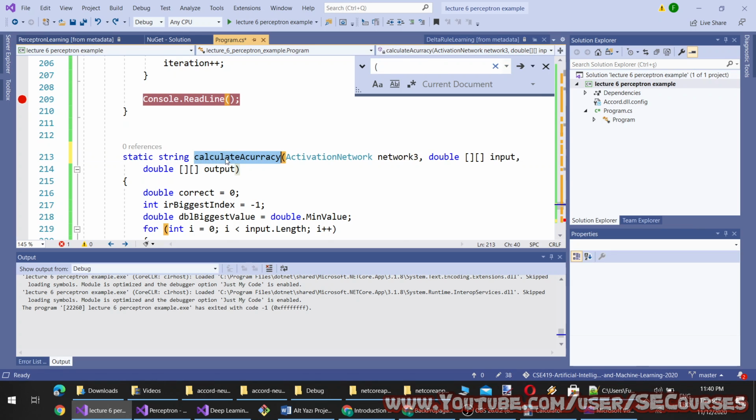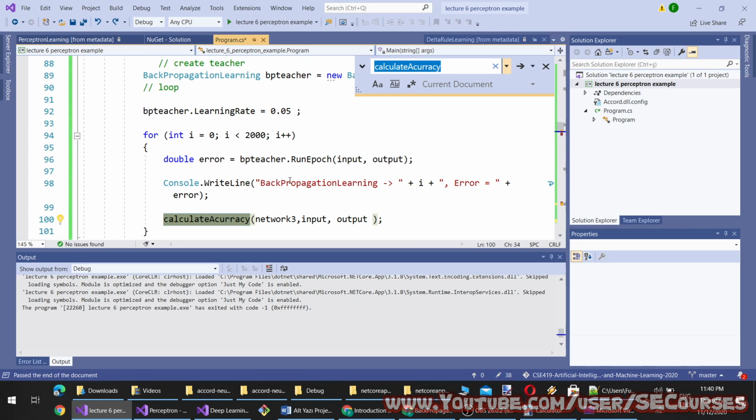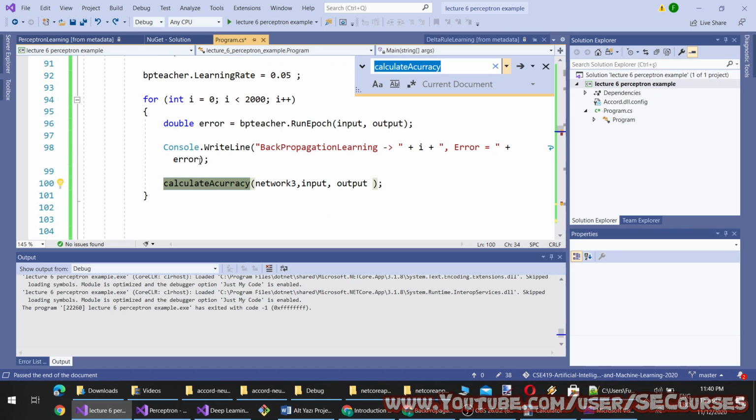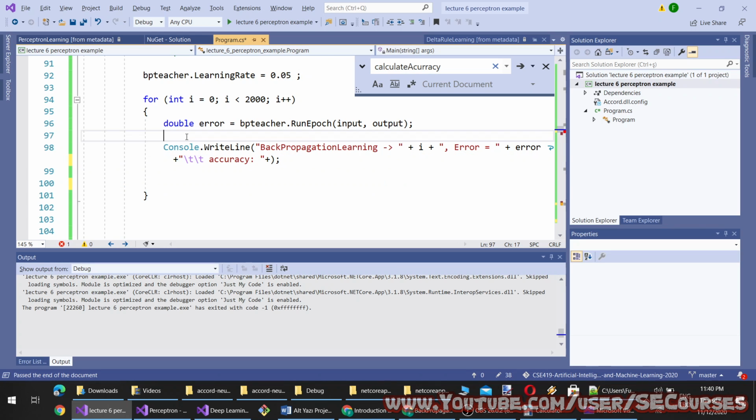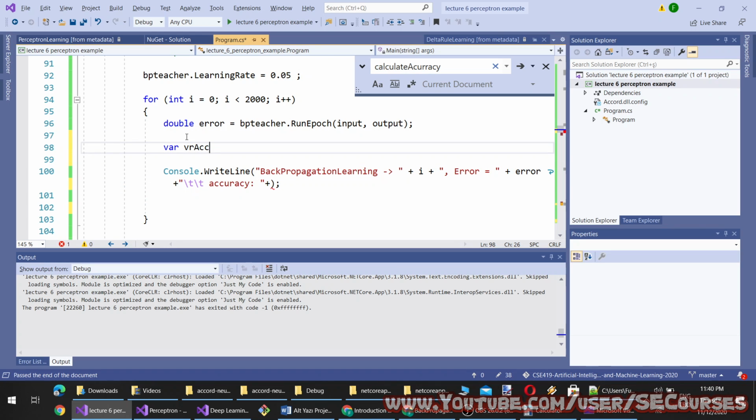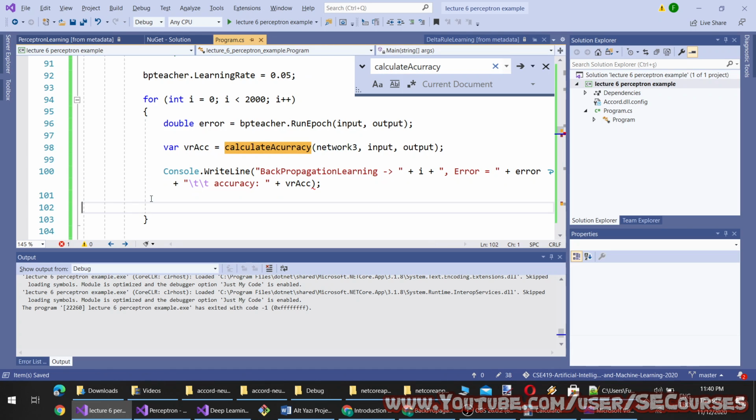And I'm going to write stop, accuracy equal to. Let's see the accuracy of our algorithm. So this way we can predict new ones as well.